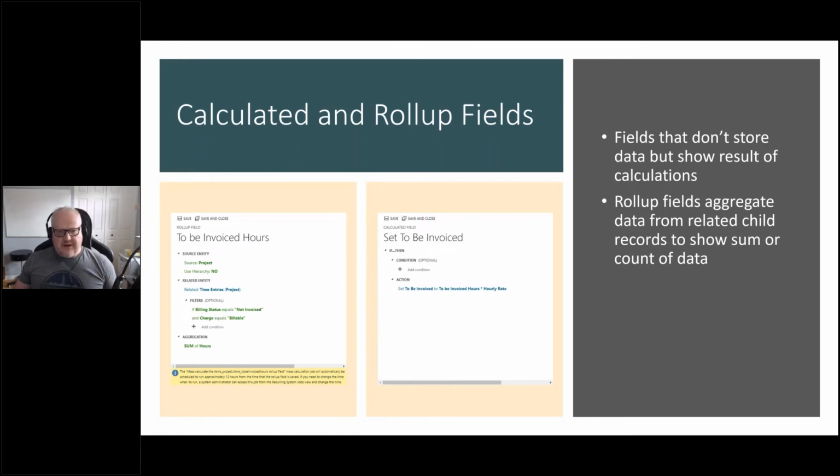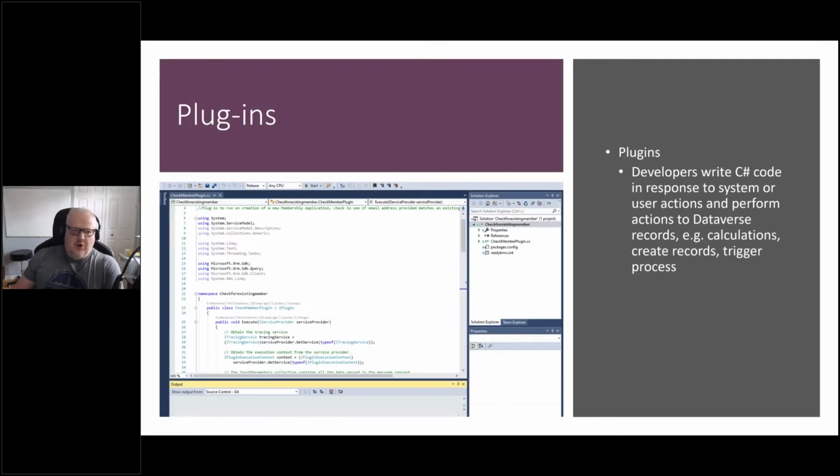I did talk a little bit already about plugins. Again, if we want to extend the code a little bit further, we can have developers write that C# code and perform actions on the Dataverse record: calculations, create records, trigger processes, even talk to external systems. And this is something you can determine whether you run asynchronously or synchronously.